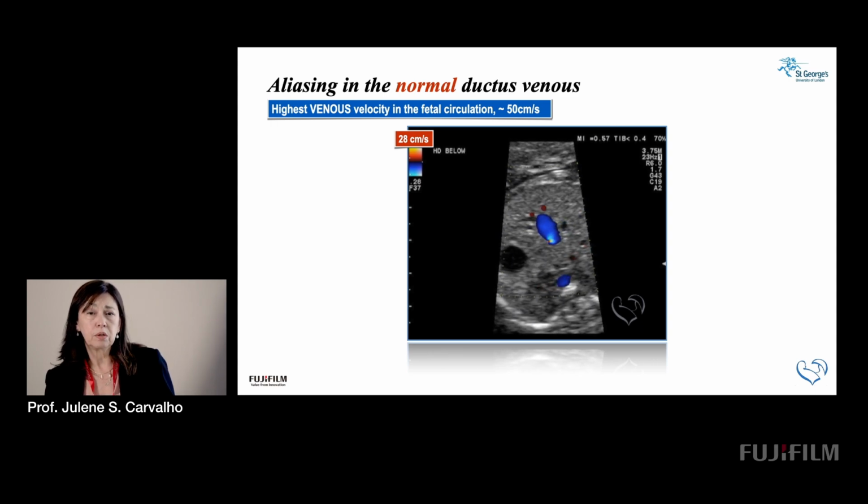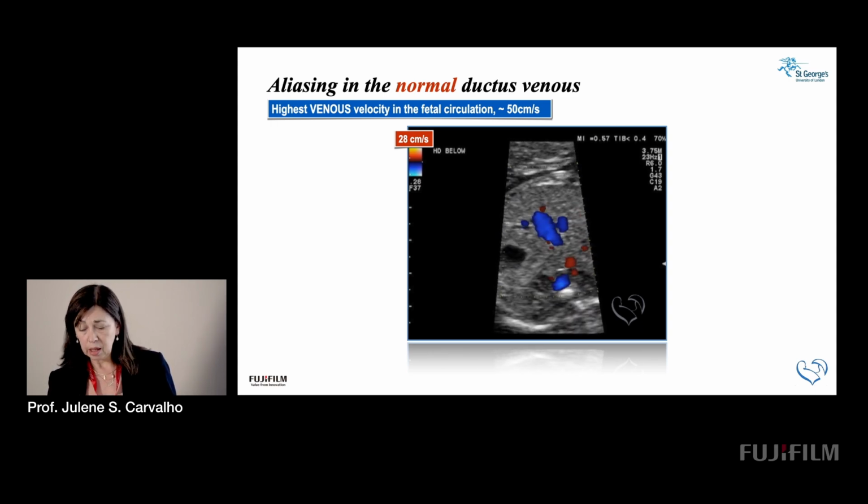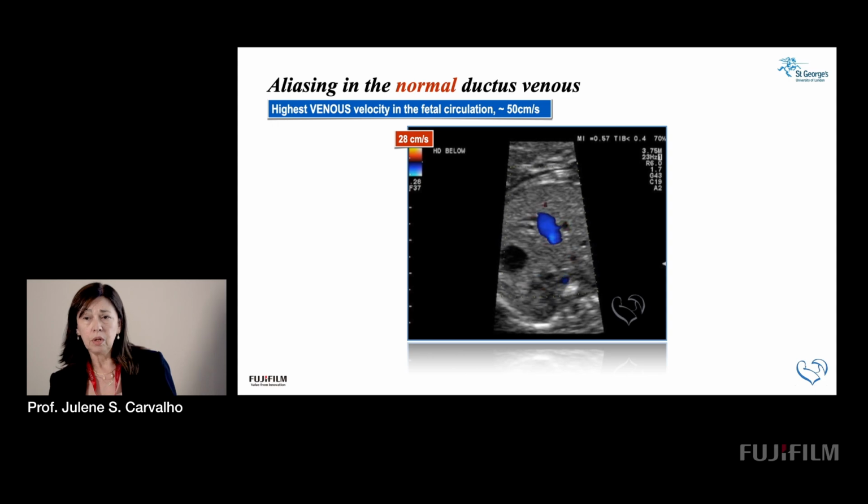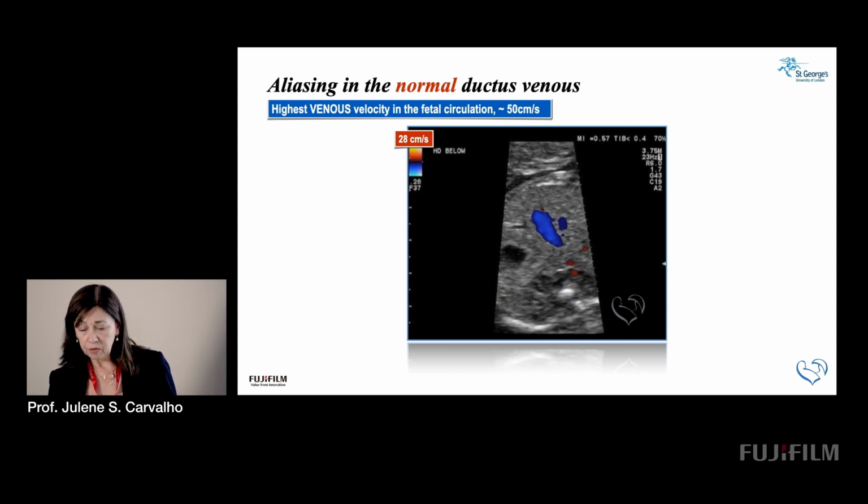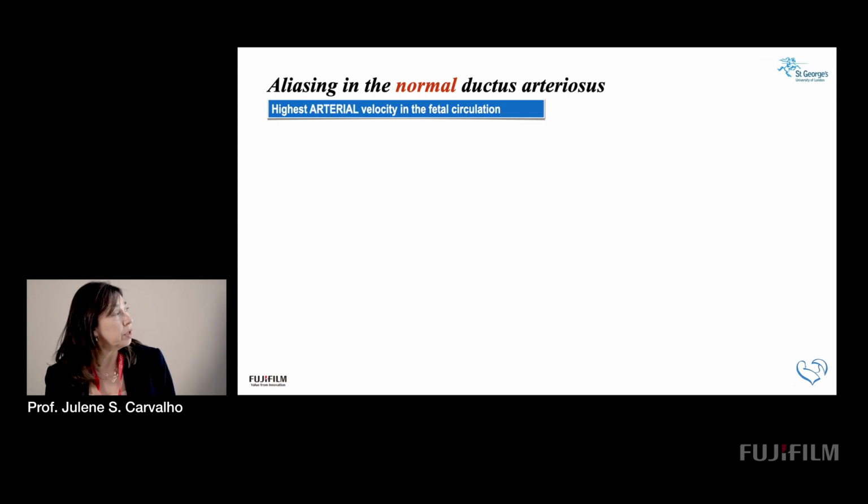You do want to highlight the aliasing to be able to sample the ductus venosus properly. So that is the highest velocity on the venous circulation.